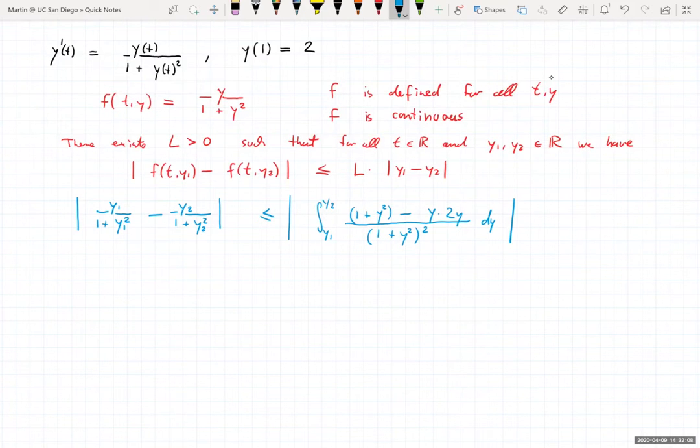Let us simplify that a little bit. So this is the same as the integral from y1 up to y2 of the function 1 minus y squared over 1 plus y squared squared dy. We take the absolute value of that.